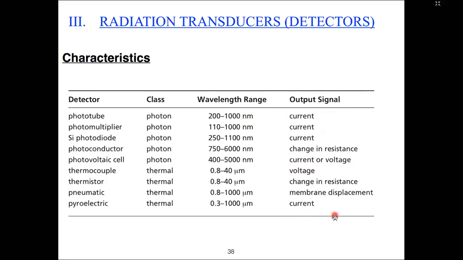So these are still the electrical information. However, when the user gets the information, those are non-electrical information. What you need to understand is the initial information is photon, which is non-electrical. It is converted into current, which is electrical, and then it will also be converted into non-electrical information.